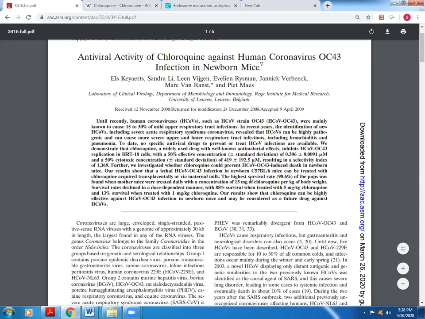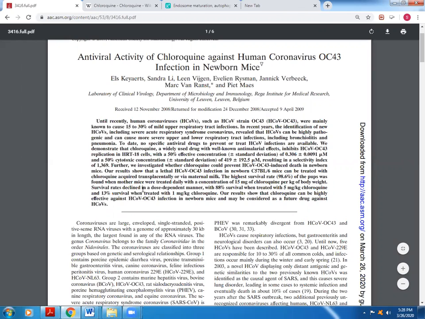It says that our results show that the lethal infection in newborn mice can be treated with chloroquine acquired transplacentally or via maternal milk. The highest survival rate of the pups was found when mother mice were treated daily with a concentration of 15 milligrams of chloroquine per kilogram of body weight.